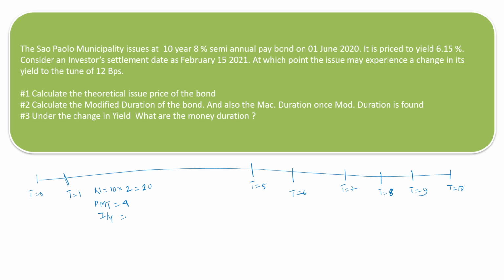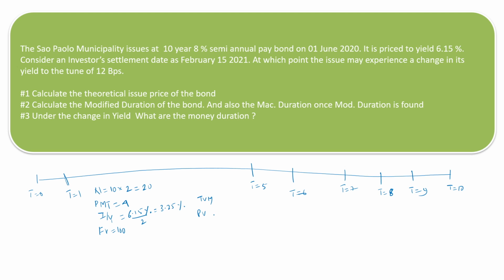The market determined yield is around 6.15% divided by 2, which is 3.25%. So given all of them, face value, of course, by default is 100, we will assume. I'm sure that you can input the details in your calculator and find out through the TVM method the present value of the bond.